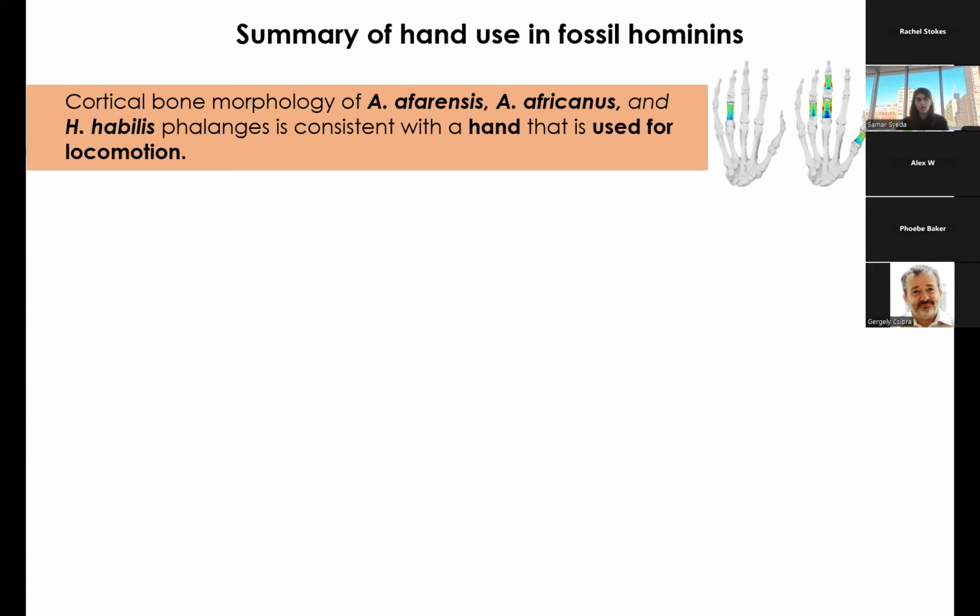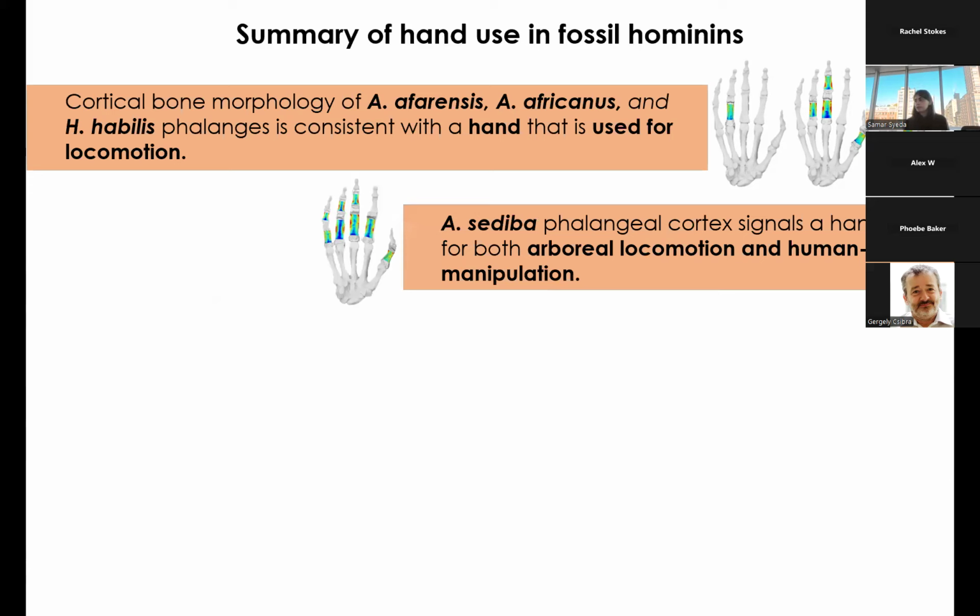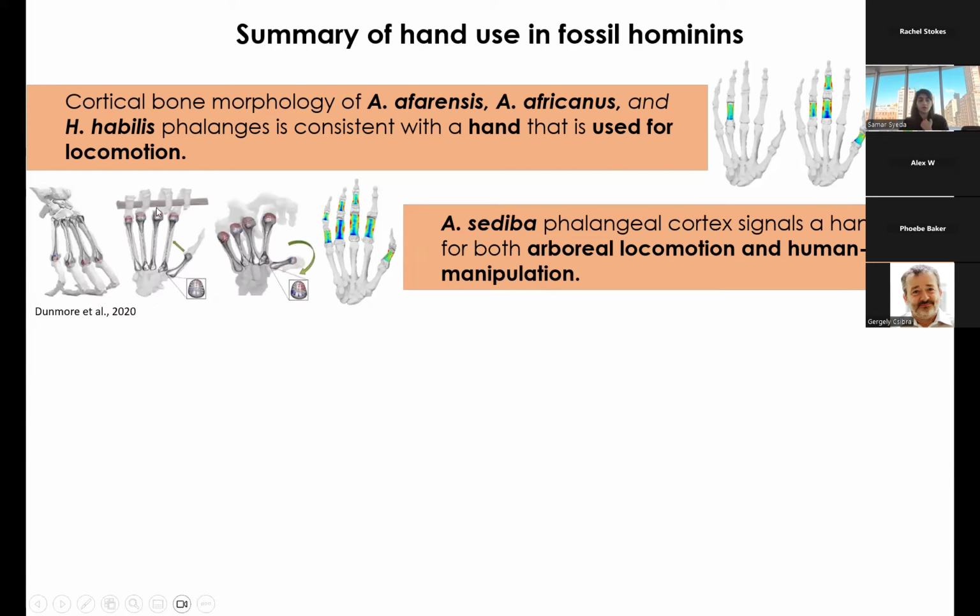And for Sriba, we have this phalangeal cortical signal that says primarily used for locomotion, but then the fifth digit comes in with a slight bit of dorsal thickness. So indicating both use of the hand for arboreal locomotion and human-like manipulation, which has been seen before when the internal structure of the metacarpals was looked at as well, because they found a climbing signal in the metacarpals 2 to 5, but a really human-like manipulation signal in the thumb.